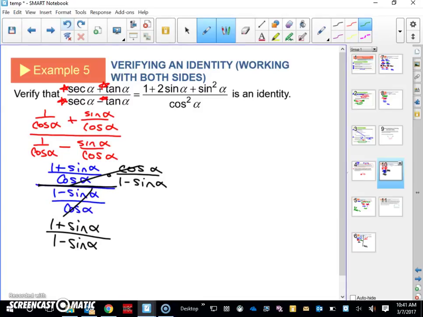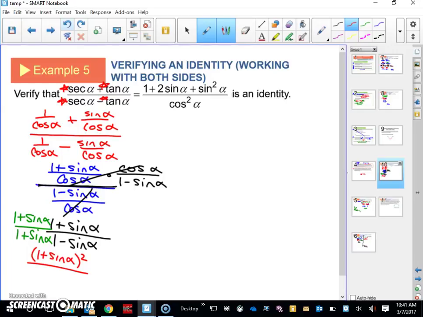This 1 minus sine alpha on the bottom, we know one of our hints says with that 1 minus sine alpha on the bottom especially, we should be able to multiply by 1 plus sine alpha over itself. I think that's going to be a good thing for us to do. That would give us 1 plus sine alpha squared.